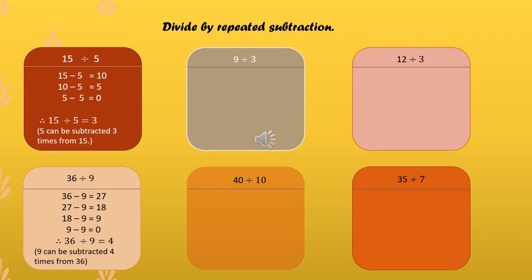Now 27 minus 9 equals 18. 18 minus 9 equals 9. And 9 minus 9 equals 0. Yes, so 9 can be subtracted 4 times from 36. Therefore, 36 divided by 9 equals 4.